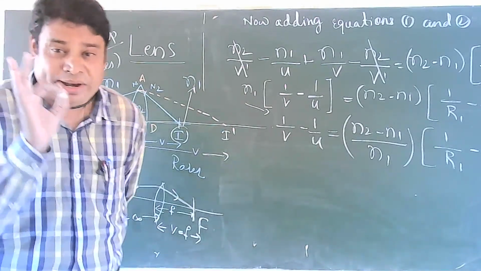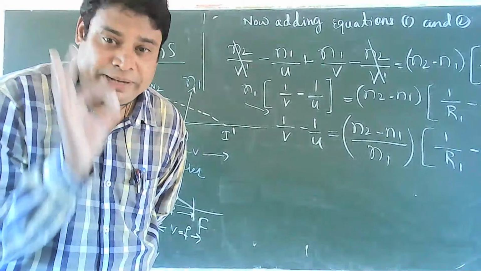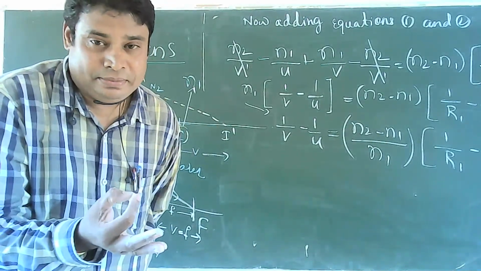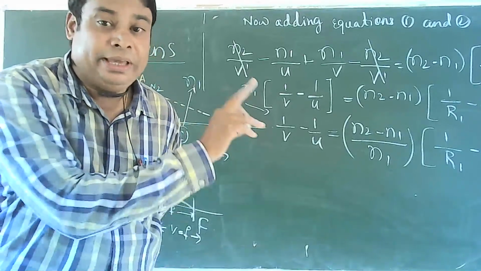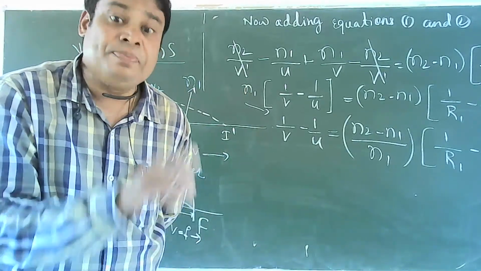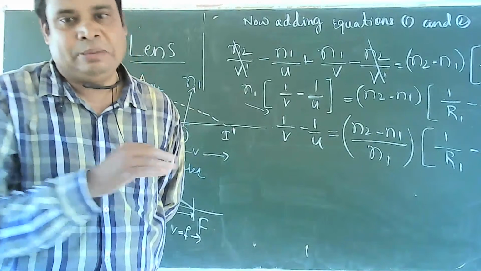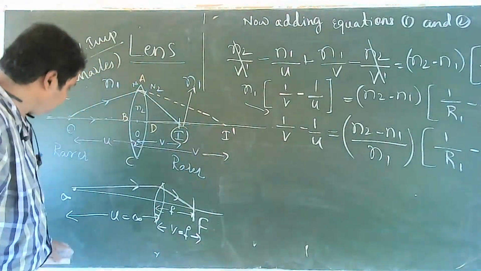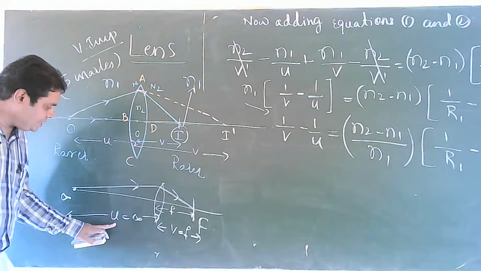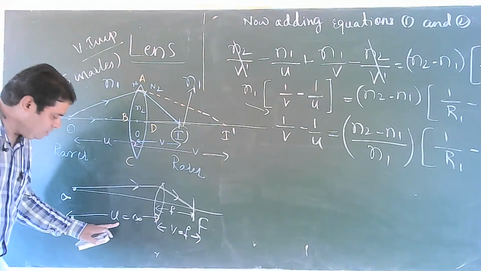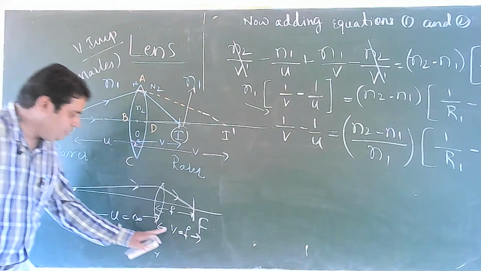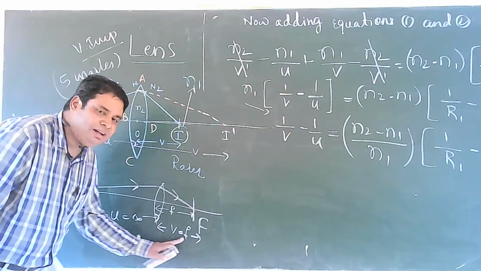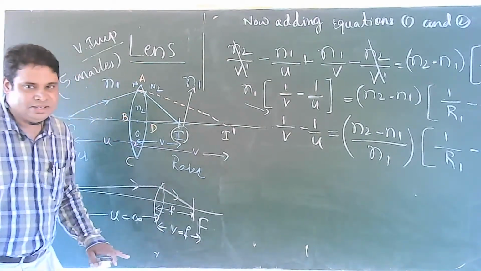Remember, whenever an object is placed at infinity in front of a lens or mirror, let's take lens only, the image is formed at F, where F is the principal focus. Your object distance is infinity, so automatically your image distance will become the focal length of the lens.